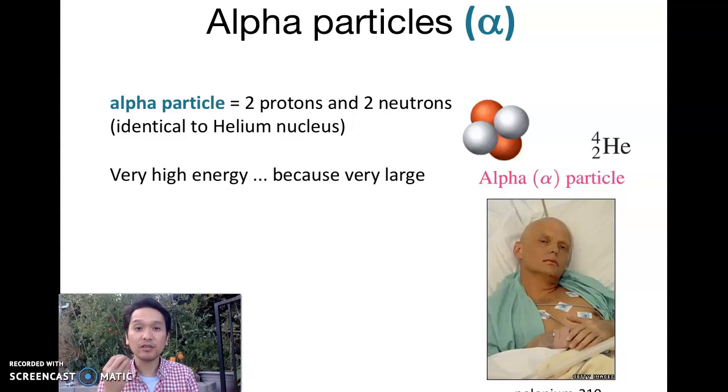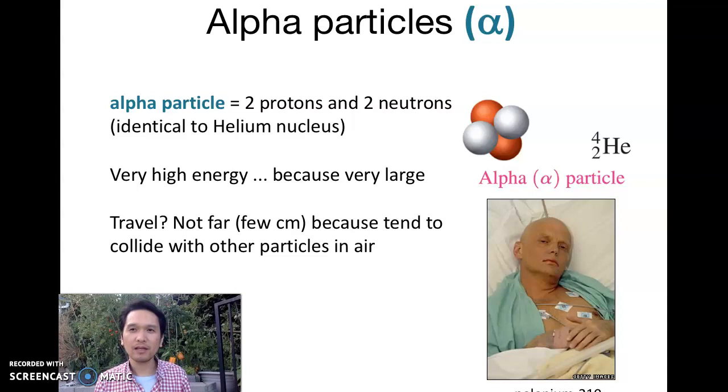Okay? So the alpha particles are very high in energy because why? They are very large compared to the other radio particles that we will be discussing. Because they are so large, they won't travel very far. Why is that? So imagine in the atmosphere there are lots and lots of gas molecules, right? So if something is very big, it won't travel very far until it hits a gas particle.